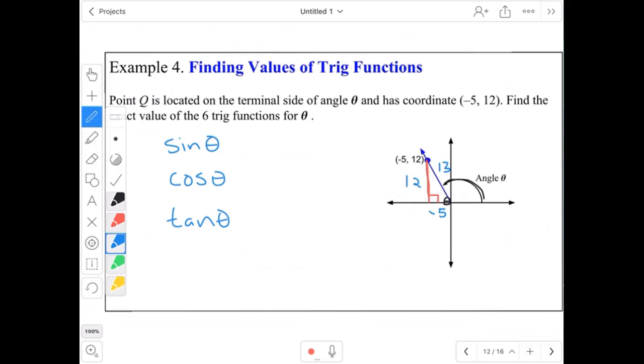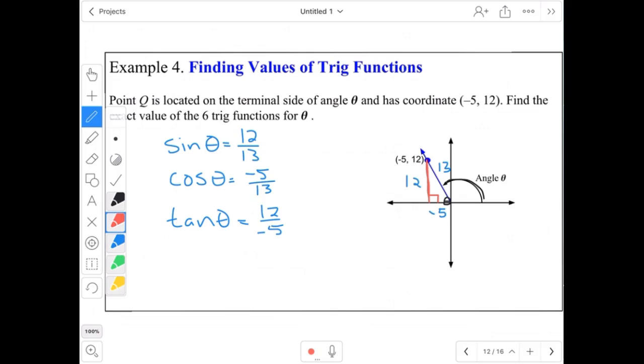Now if you guys are familiar with the unit circle as well, these will all make even more sense. Sine of theta, opposite over hypotenuse, that's going to give me 12 over 13. Cosine, that's going to be adjacent over hypotenuse, so I'll have negative 5 over 13. And then tangent is opposite over adjacent. So I have 12 over negative 5.